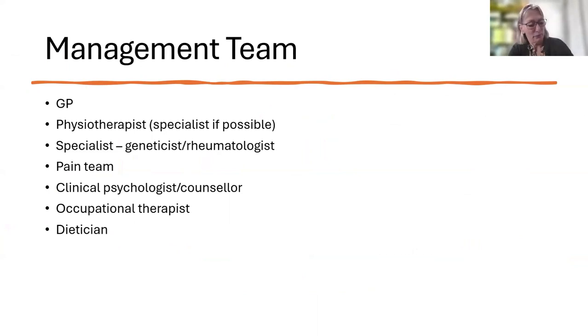So the team that you might want to have around you, for a lot of people, a GP and a physio would be enough, and most people are managed very well in primary care. If you can get a specialist physiotherapist, even better, because they know of the strategies that are needed to look after joints. If you need a specialist, normally it would be a geneticist and or a rheumatologist. I'm not sure how easy or accessible geneticists are in our health system, but a rheumatologist would be the specialist of choice if you're having a lot of joint problems.